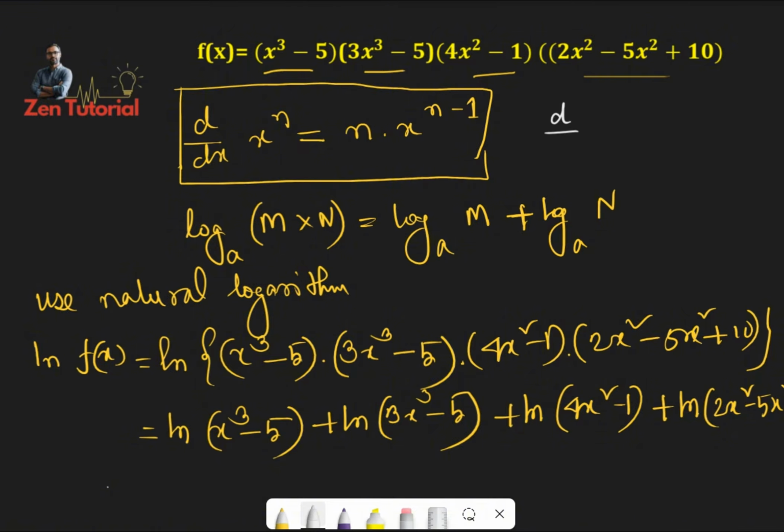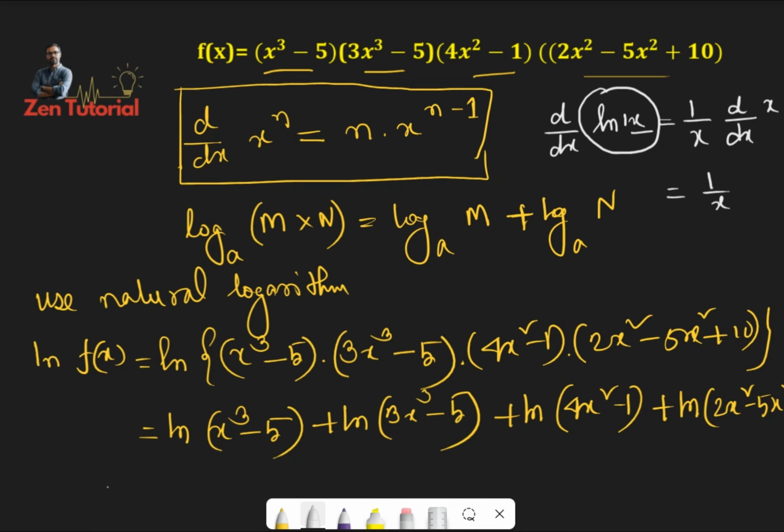d/dx of ln of x, we can write 1 by x, and we have to differentiate this x, so d of x by d of x is equal to 1, so the final answer is 1 by x. It means that if we differentiate ln of x, we get 1 by x.